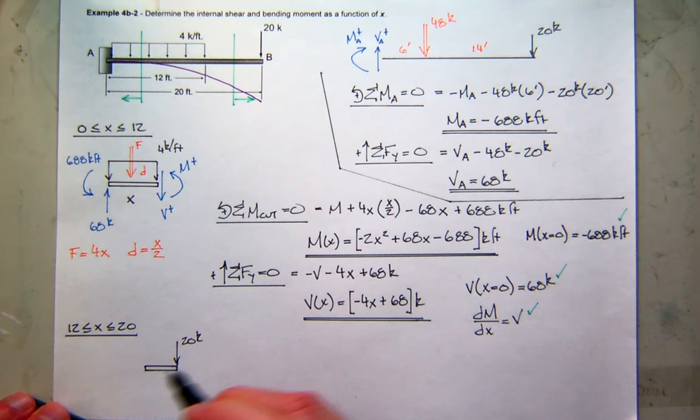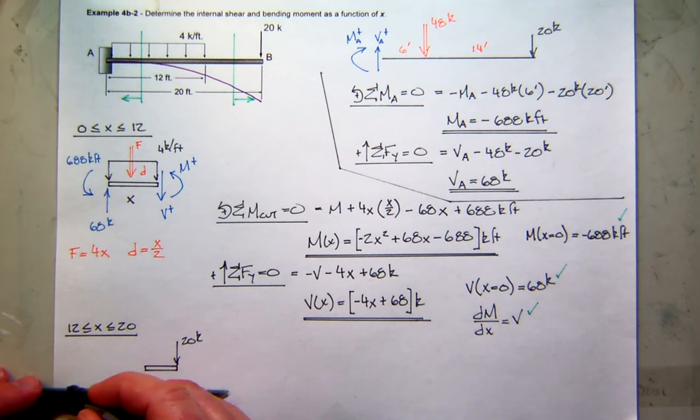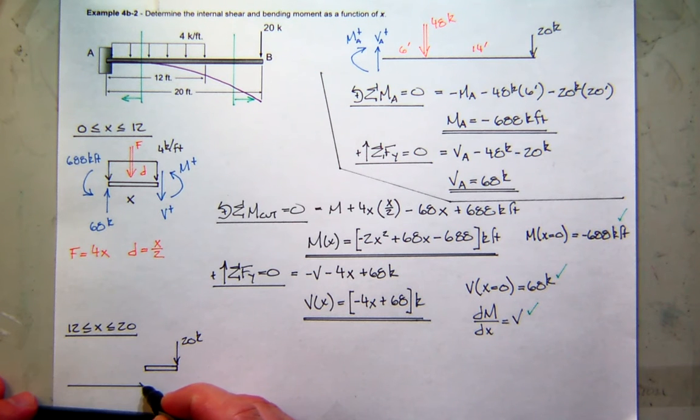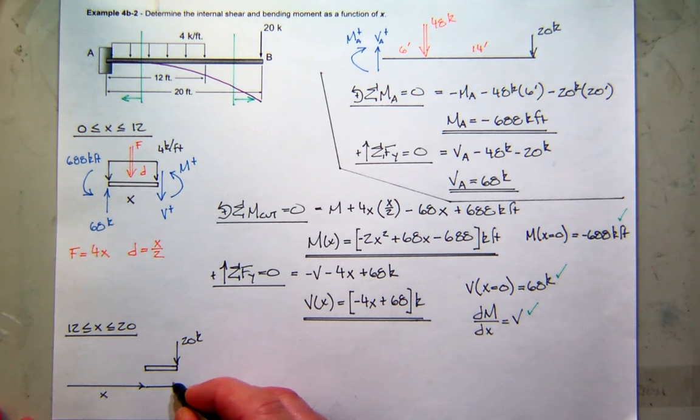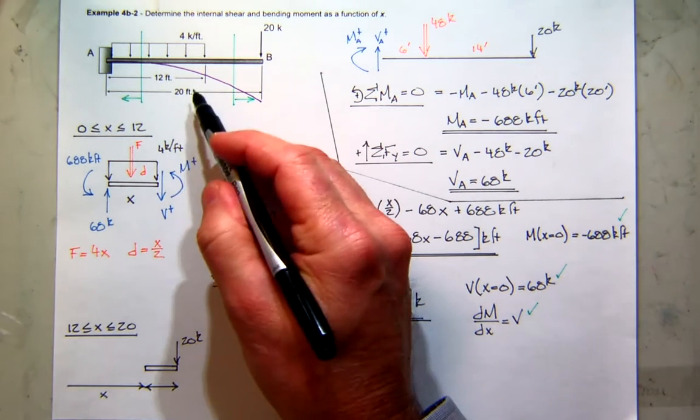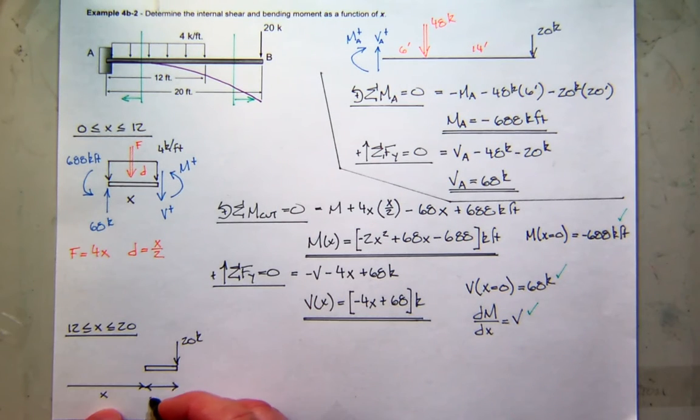Now remember, we're measuring x from the left side, so x will bring us up to the cut. So what is the remaining piece of this segment? Yeah, the total distance is 20, so this piece should be 20 minus x.